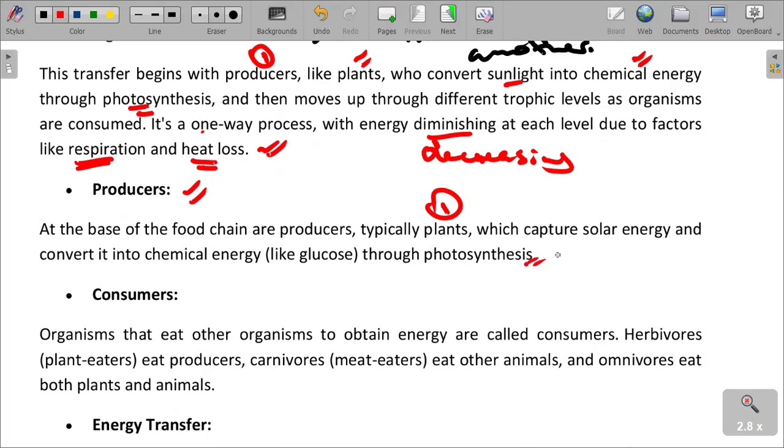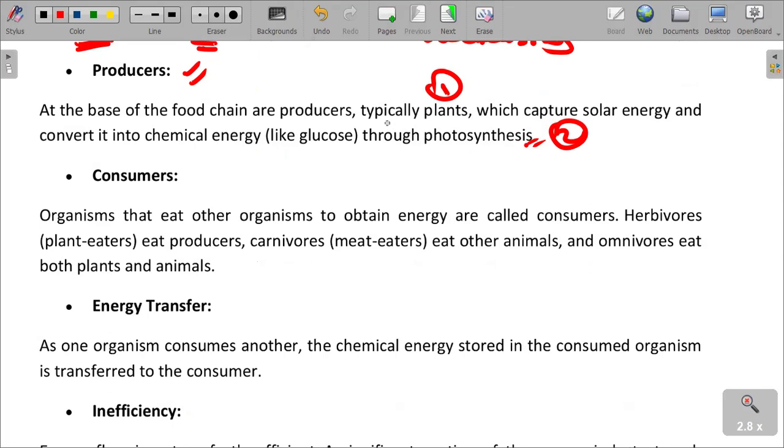I'm sure we remember very well that green plants are called producers because they make their own food. They make that food through sunlight, during photosynthesis. So that is producers.